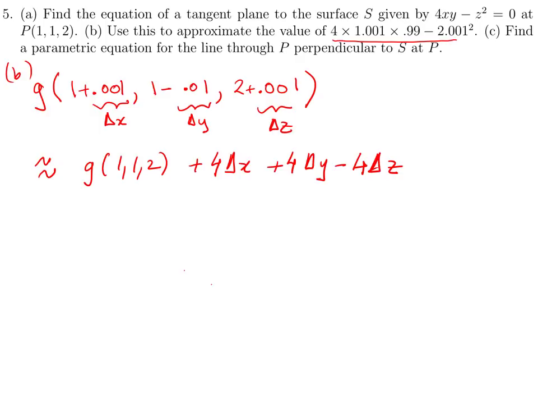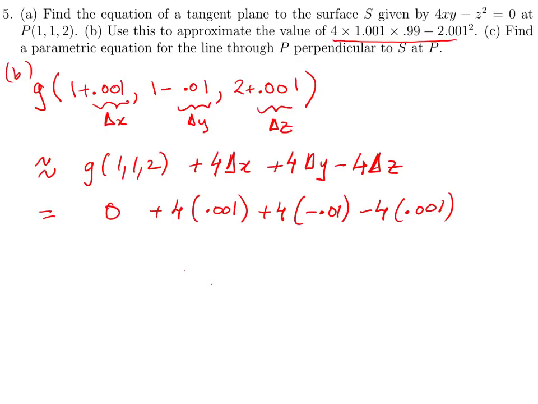And so now we just plug this in. g of 1, 1, 2 is easy: 4 times 1 is just 4, minus 2 squared, which is 4, so that's 0, plus 4 times delta x, which is 0.001, plus 4 times delta y, which is minus 0.01, plus minus 4 times 0.001.